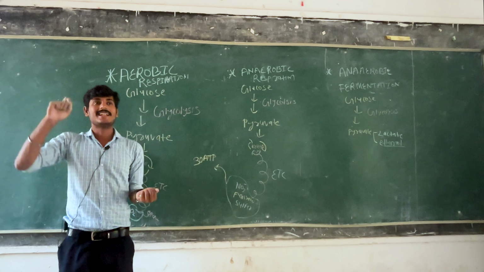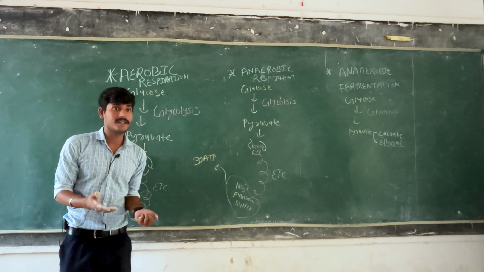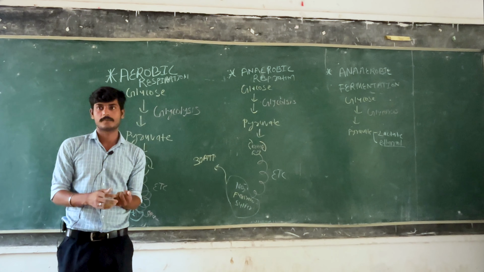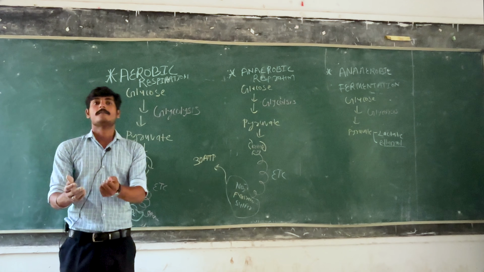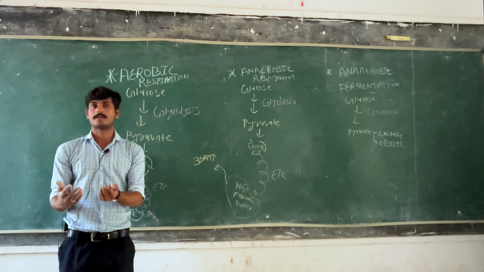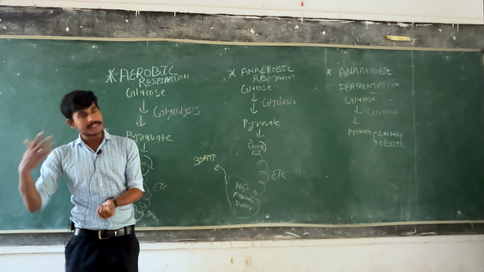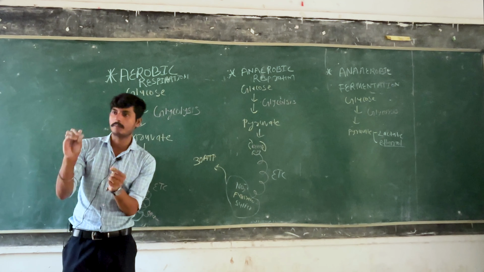That is called strict aerobic bacteria. But there are bacteria, if you do not give oxygen, they will also survive. If you give oxygen, they will also survive. They are called facultative aerobes. Fine. There are bacteria who need a minimal range of oxygen.